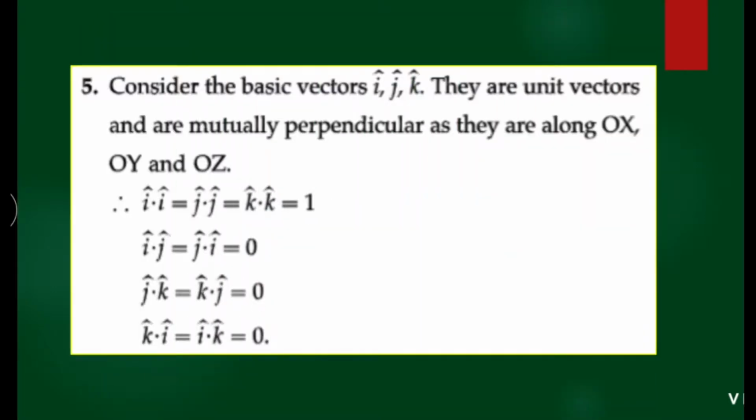Now see fifth property. Consider the basic vectors i, j, k. They are unit vectors and mutually perpendicular as they are along OX, OY and OZ. Actually this concept we discuss in three-dimensional geometry.